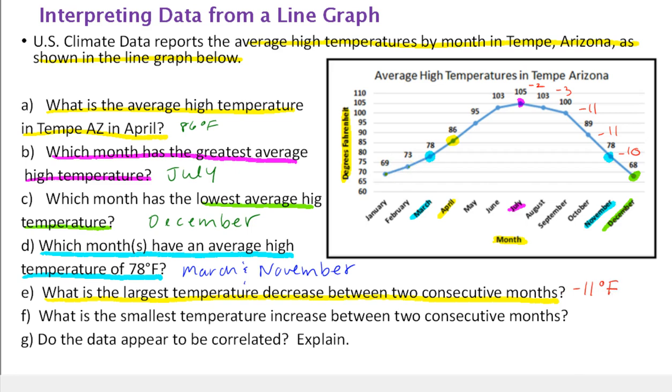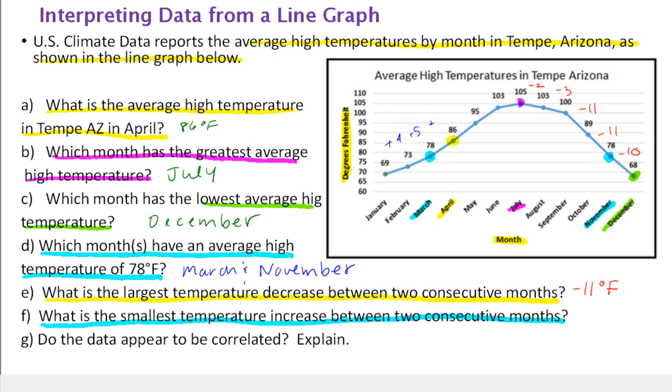Let's look at the next question. What is the smallest temperature increase between 2 consecutive months? So we observe that they're increasing here. I'm pretty sure this is the smallest temperature increase from 103 to 105, but it'll only take us a second to write them. Let's write them in blue. Here we go up 4 degrees. 73 to 78 is up 5.